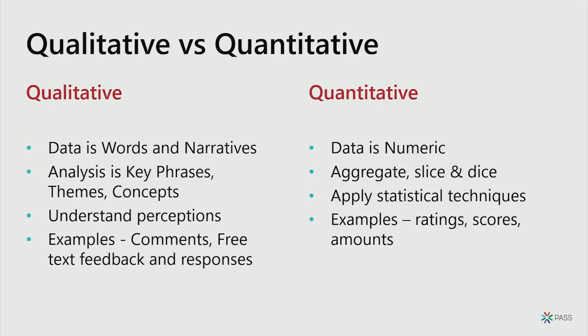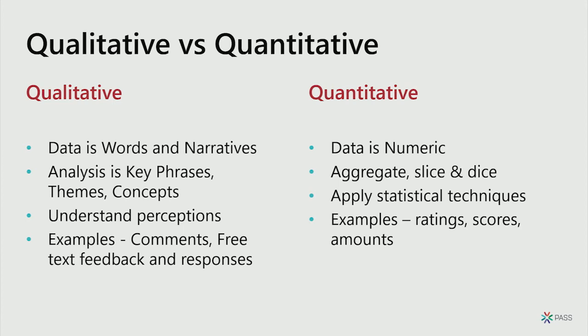So that's where your quantitative analysis comes in. And that's where the sentiment score comes in. So you take your text, you generate a sentiment score out of it. Now your data is numeric. And on top of numbers, you can apply all kinds of statistical analysis. You can do aggregates, sums, slice, dice. You can build histograms, box plots, all of that fun stuff.